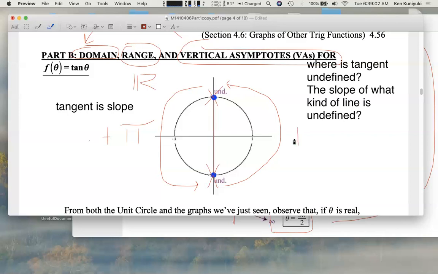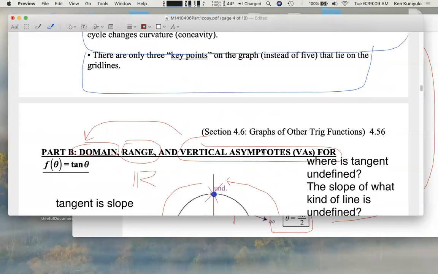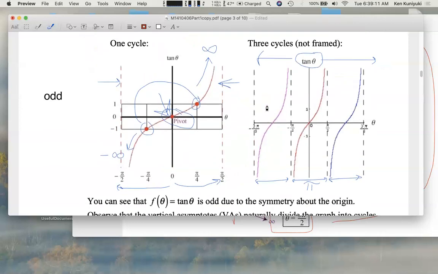So we keep adding pi radians, or we could subtract pi radians in this direction to get these problem angles. Going back to this larger graph for y equals tangent of theta, where were our problem angles? At theta equals pi/2, 3 pi/2, and then 5 pi/2, 7 pi/2, and so forth. Going backwards, negative pi/2, negative 3 pi/2, negative 5 pi/2, and so forth. We have infinitely many VAs.